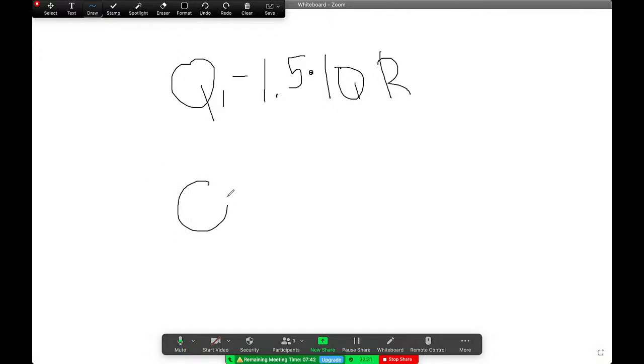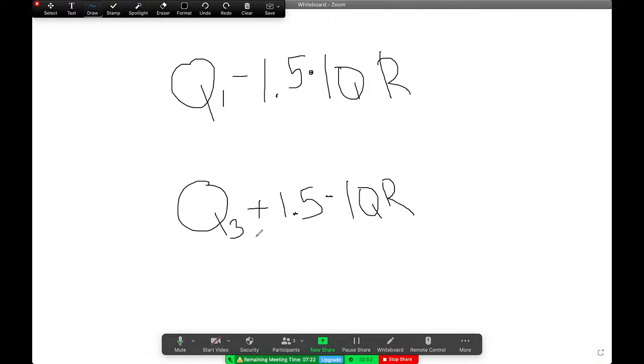And the highest maximum where it wouldn't be an outlier would be Q3 plus 1.5 times IQR. And that's how you find outliers.